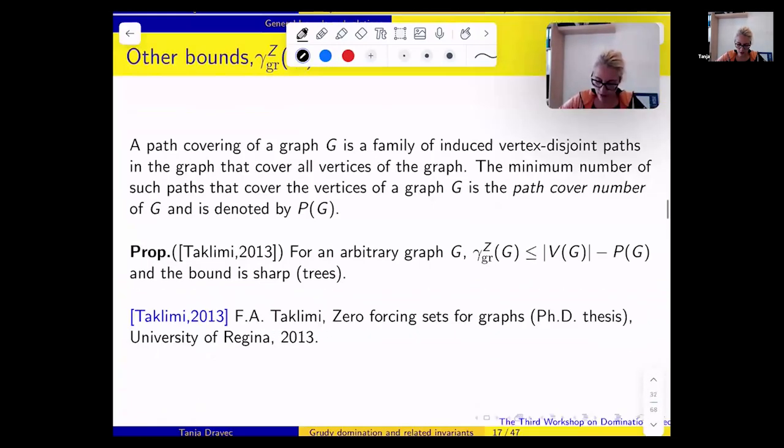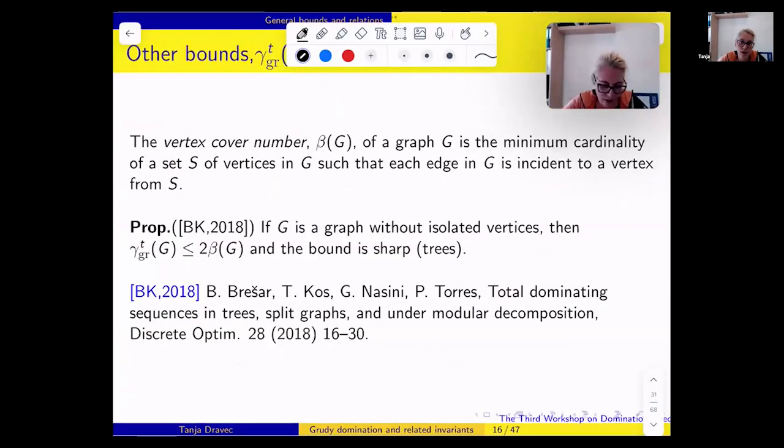Then we can relate the Grundy total domination number with the vertex cover number. The vertex cover number is the minimum cardinality of a set of vertices with the property that each edge of a graph has at least one end vertex in this set.